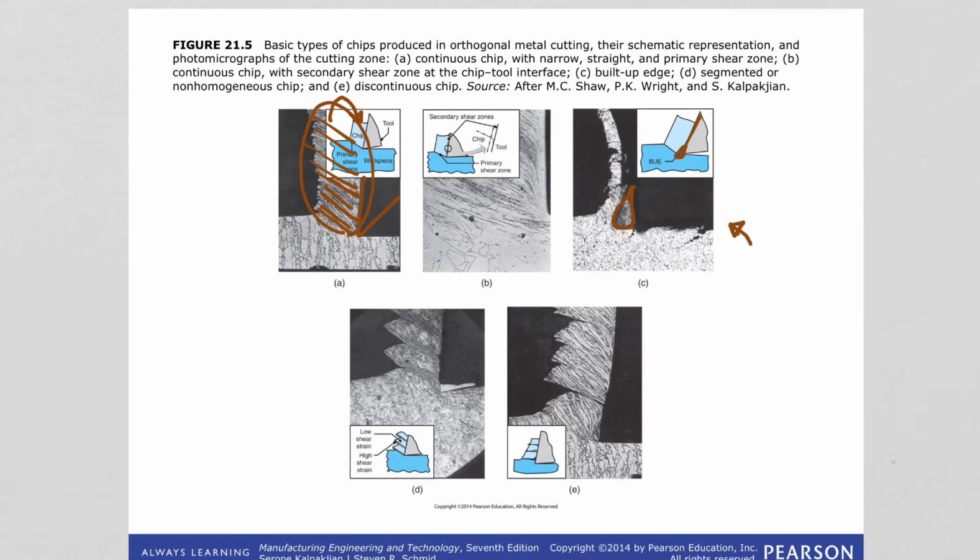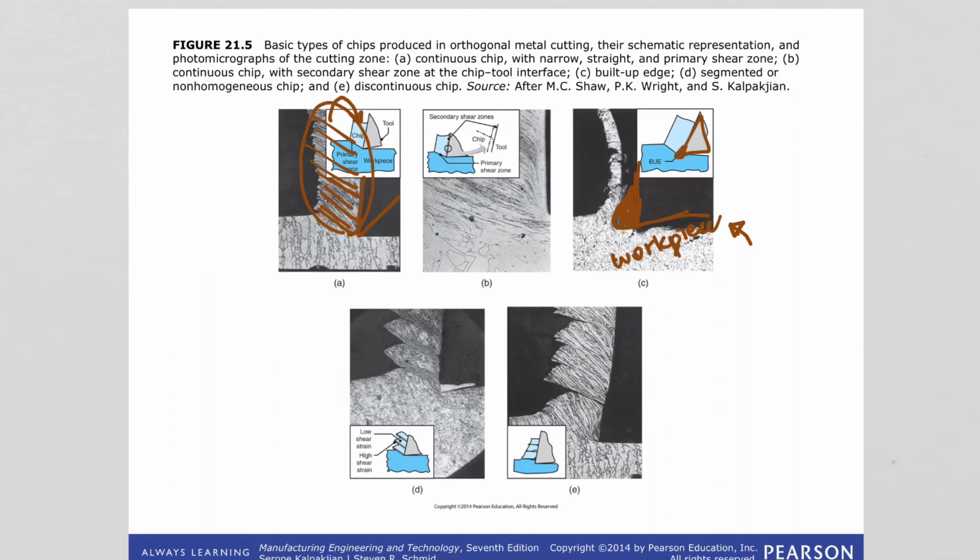So this is your tool right there, okay? And as you can see, material from the workpiece, this is the workpiece, is deposited on the tool tip right there. And that is the reason it's called build up.